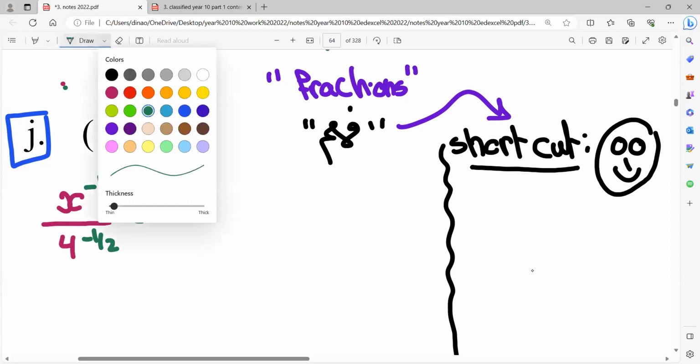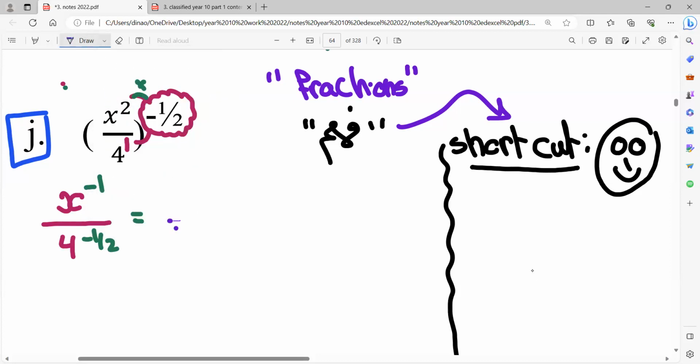According to what we said earlier, if I want to change the sign of the power, I change the position of the item in the fraction: if it's on top I move it down, and if it's at the bottom I move it up. The x has a power of negative 1 and is on top, and I want it positive, so I move it down. The 4 has a power of negative half and is at the bottom, and I want it positive, so I move it up.